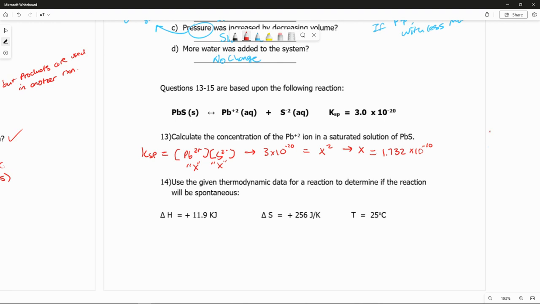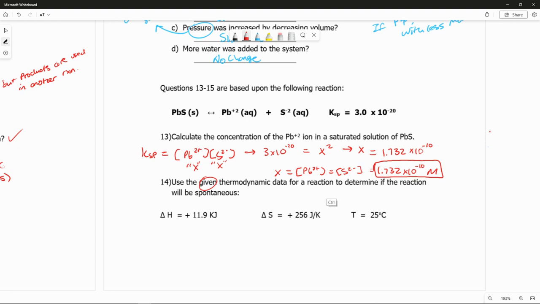Since our x is equal to the concentration of Pb2+ and the concentration of S2-, that means 1.732 times 10 to the negative 10 is going to be our concentration for the Pb2+ ion. That is your final answer.